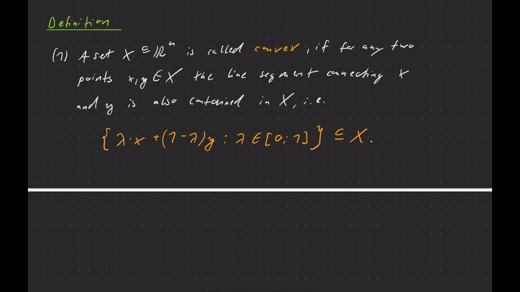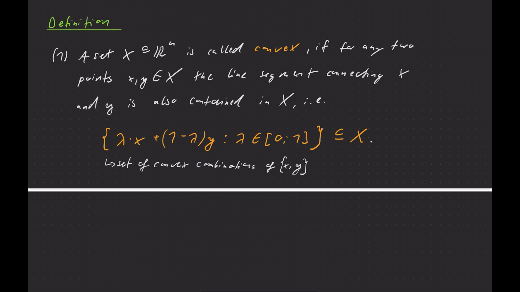And by the way, this is also called the set of convex combinations of the points x and y. It's almost the same thing as a linear combination, with two constraints.